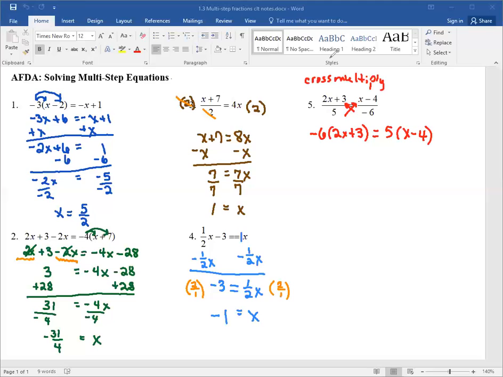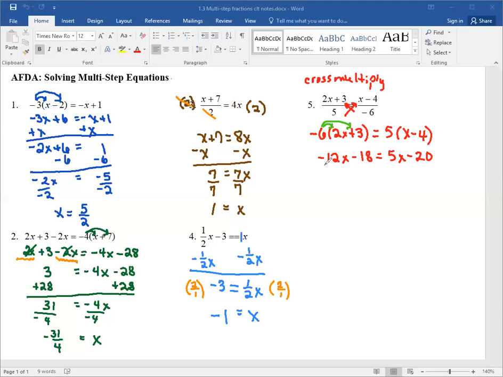So when we're doing this distribution here, remember it's negative 6 times 2x, negative 6 times positive 3. Okay, so that gives us negative 12x, and negative 6 times 3 is negative 18 equals, and then I'm doing the same thing here. 5 times x is 5x, and 5 times negative 4 is negative 20.